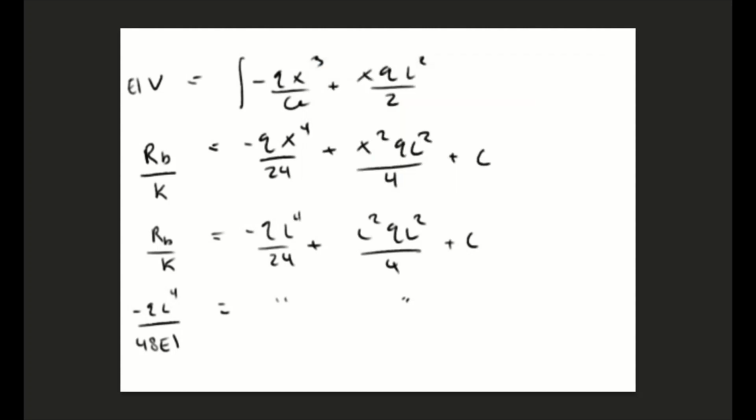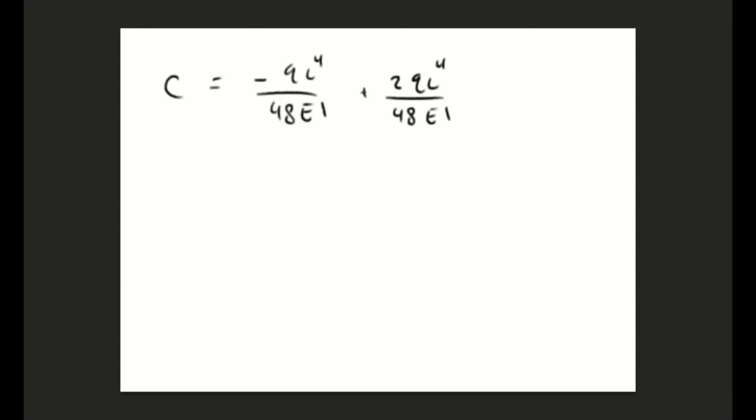And now, if we solve for C, just go to the next page, C is going to end up being, it's a lot of simplifying, so I'll write out the intermediate step, 48 minus 12 QL over 48 EI, hopefully I'm writing these down right.